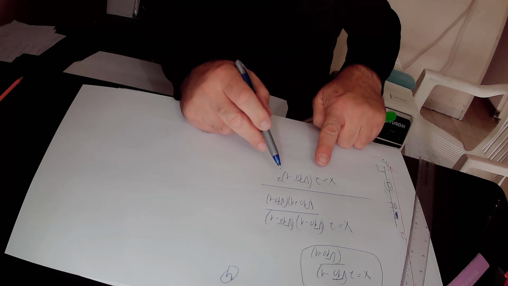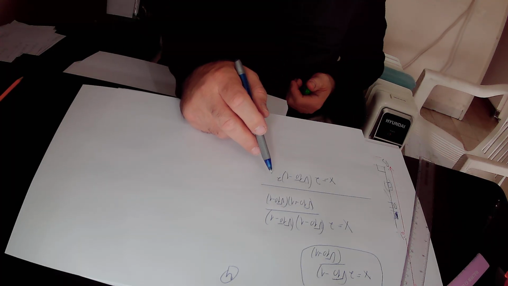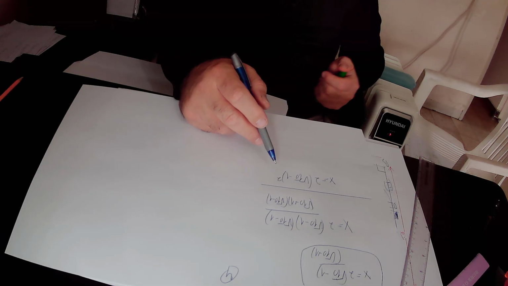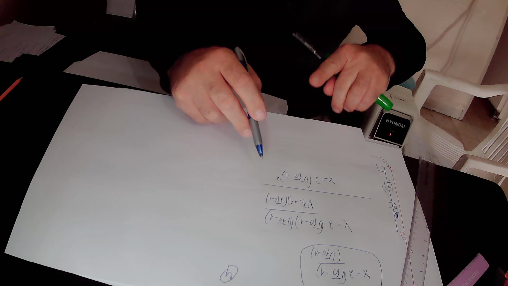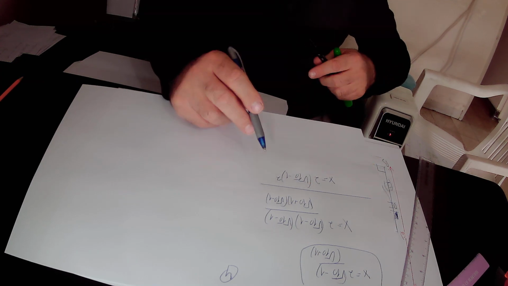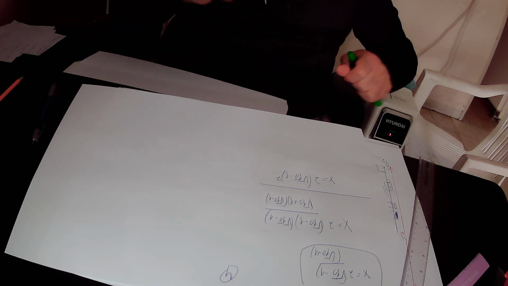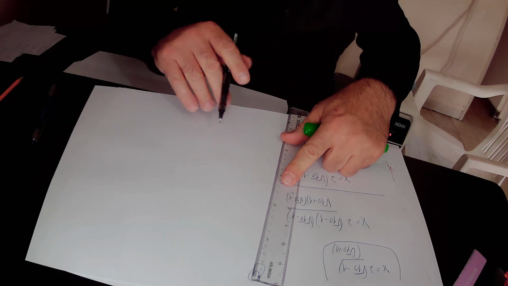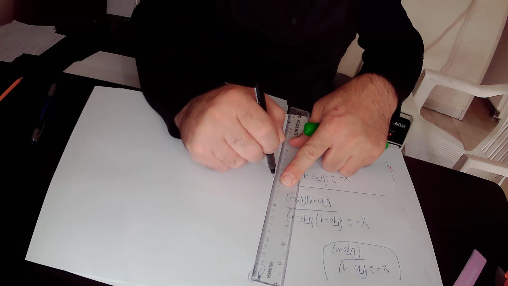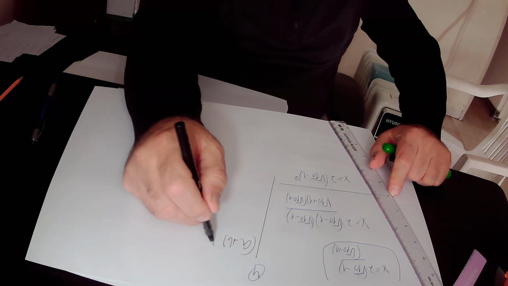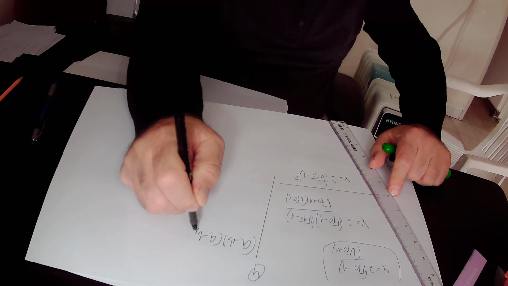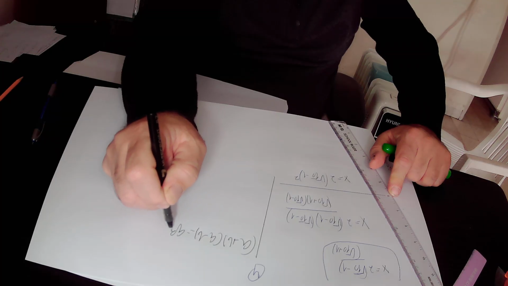Here in the denominator we have square root of 10 plus 1 times square root of 10 minus 1. We will use the following algebraic identity to find the value of this expression. The algebraic identity says that a plus b times a minus b equals a squared minus b squared.